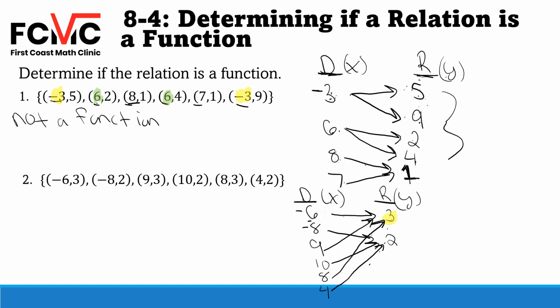But if you look at each value from our set of x's, they're all paired with only one value. Each one of these x values, and it's important you see this, has only one line coming off of it. So they're only paired with one value. Because of that, this relation is a function.